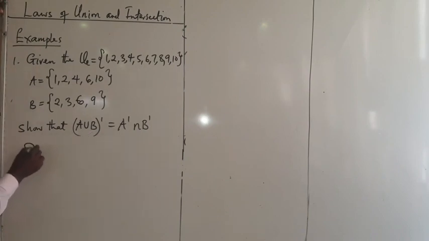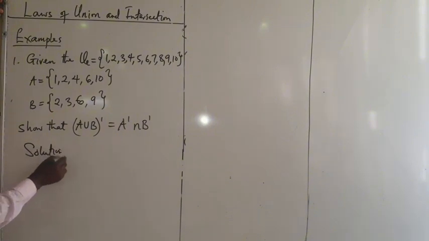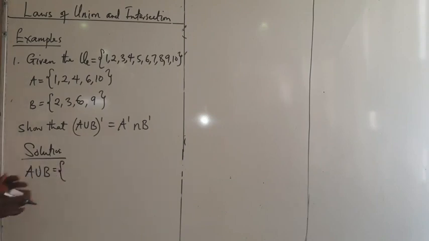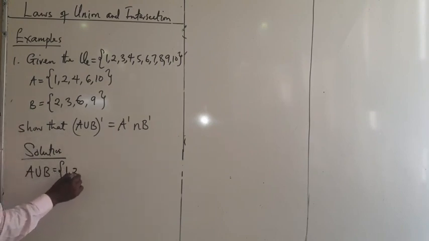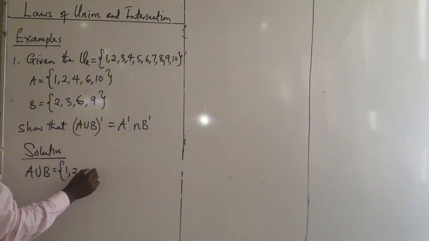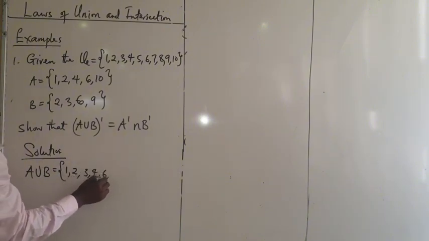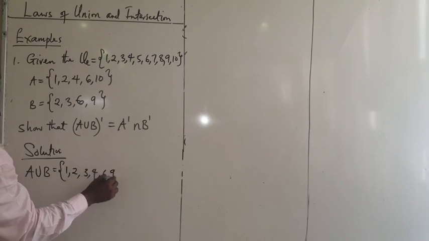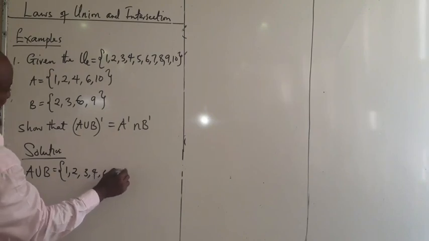Solution. So the first is we look for A union B. That is, we are going to combine the elements in A and the elements in B together. And that's going to give us 1, 2, 3, 4, 6, 9, and then 10.